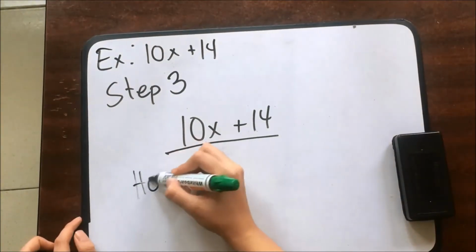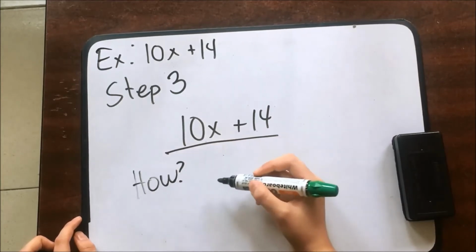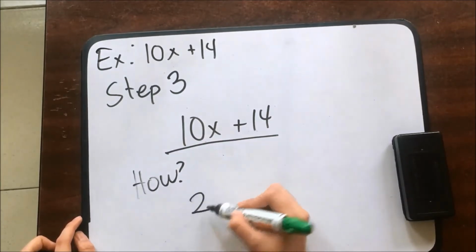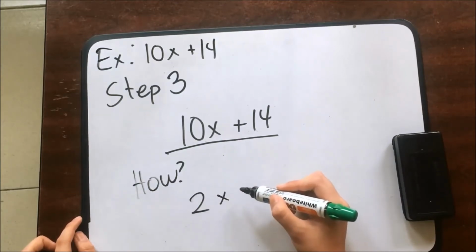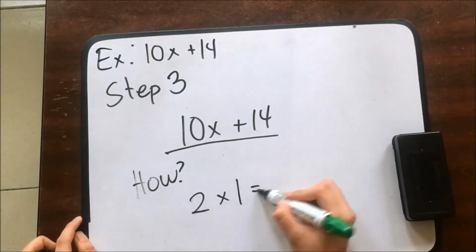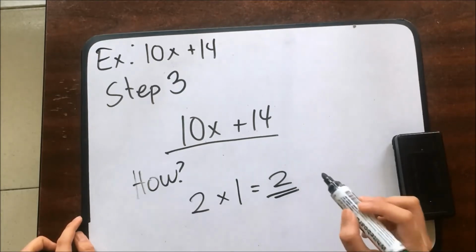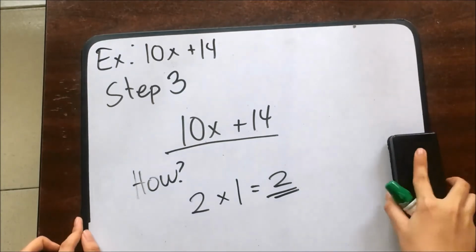So how do we do that? We will multiply the GCF of the coefficients, which is 2, to the GCF of the variables, which is 1. So, 2 is the GCF of the whole polynomial. Now let us move on to our next step.